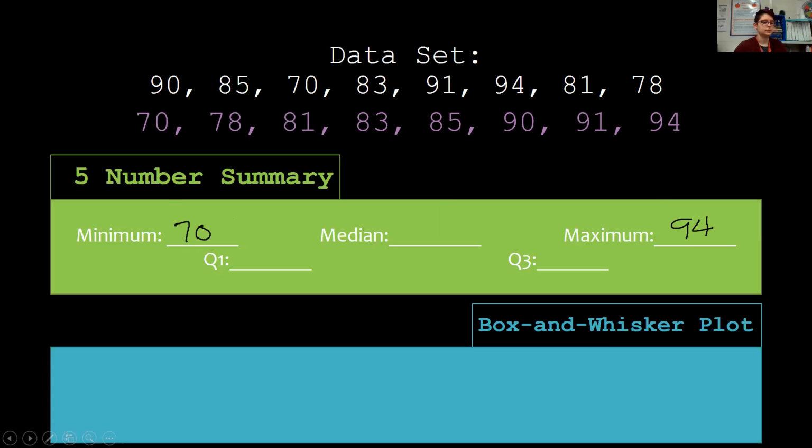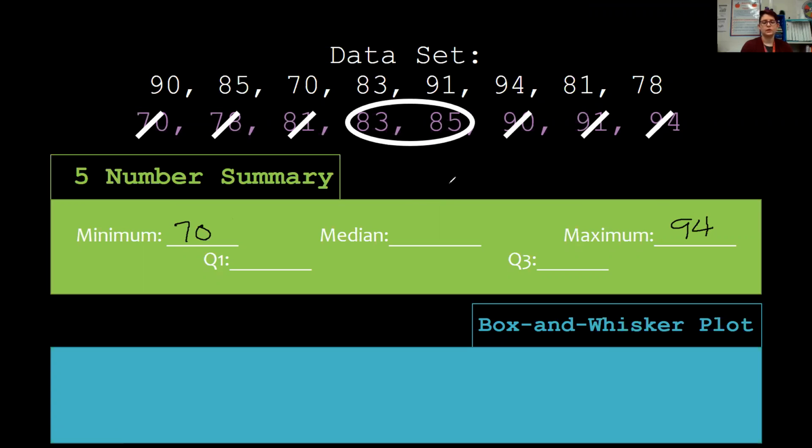To find the center, we mark off numbers. And we can see that we have 2 numbers in the center. So if we remember, when we have 2 numbers, we add them together and divide by 2. And we get that the median is 84.